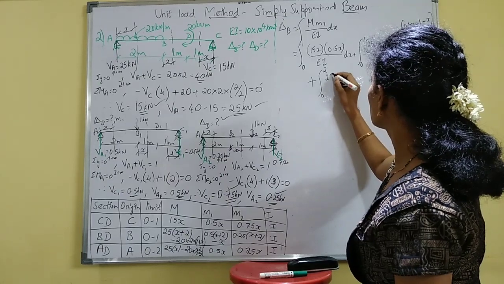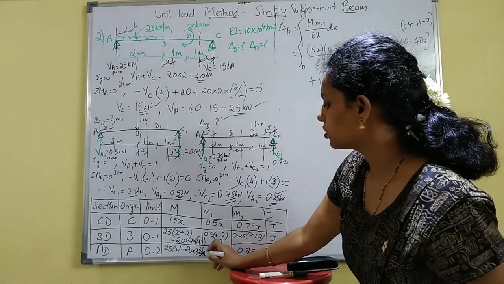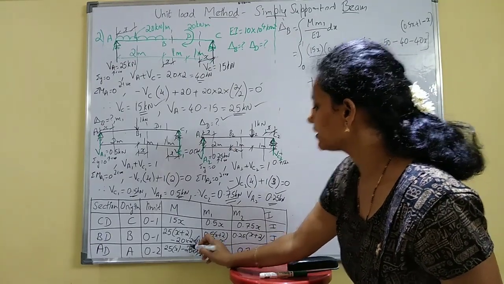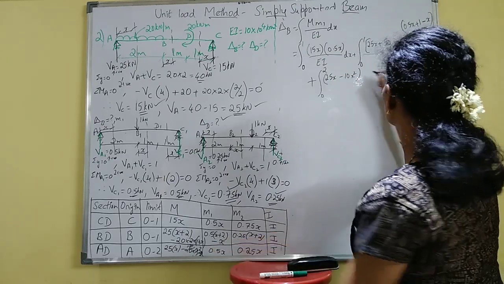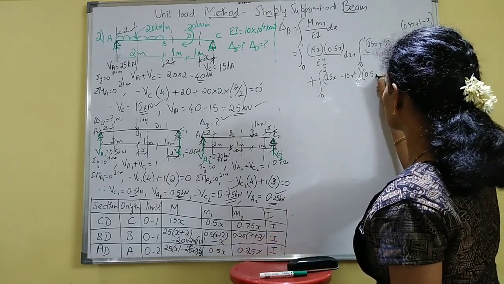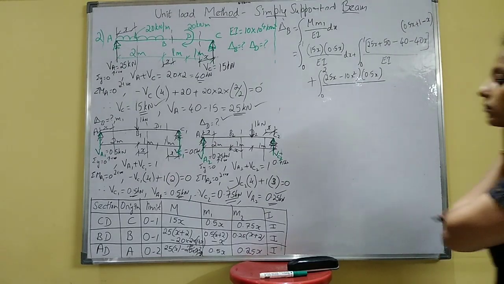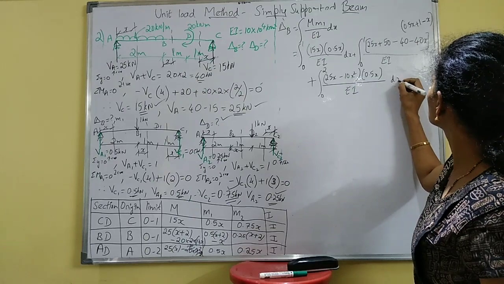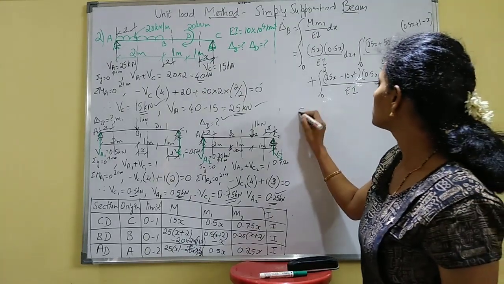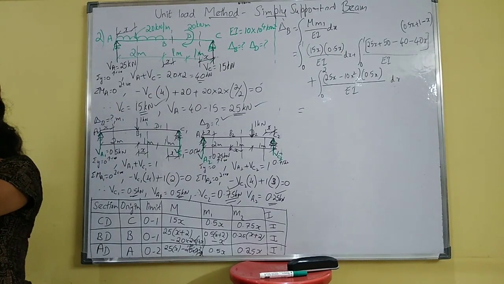You have 25x minus here 2 ones are 2. This will be 10, so minus 10x square. And M1 is 0.5 times x, EI into dx. Now just simplify multiplications, divide everything.